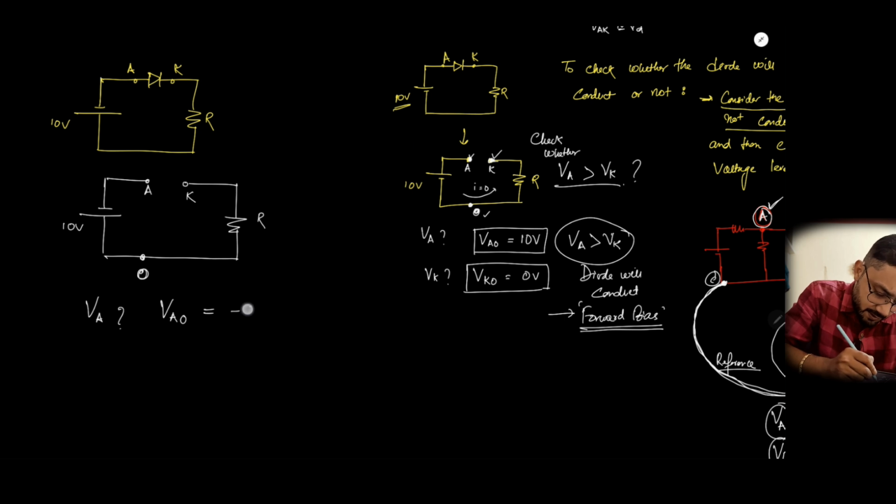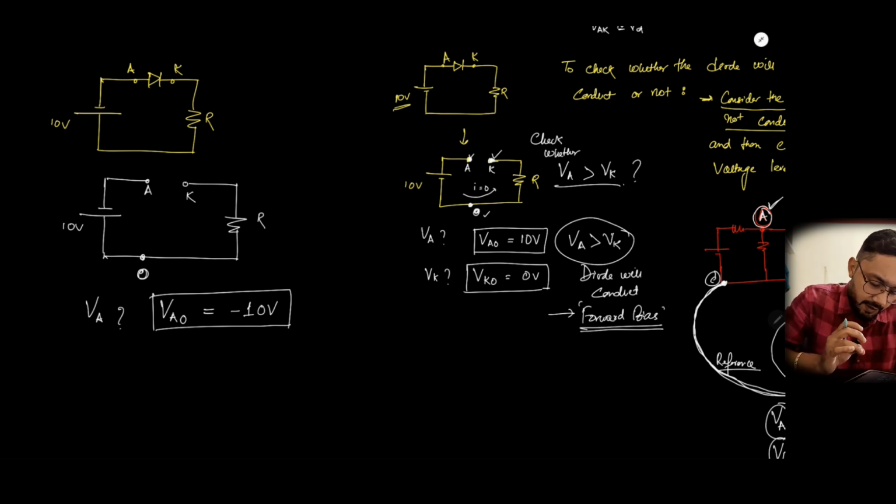VAO is minus 10 volt. So what will be VK? VK basically means VKO. What will be VKO?